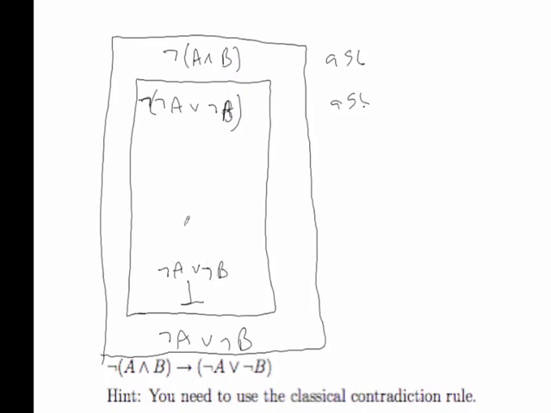Now it makes sense to go for, let's say, proving not A. Actually, if you look carefully, you can see there's symmetry between A and B in this, so I could have written not B here also. But I'm doing not A. And the automatic thing to do to justify not A is to assume A and get a contradiction.